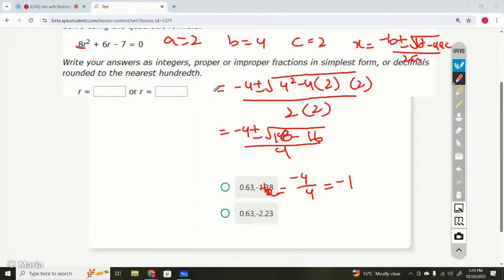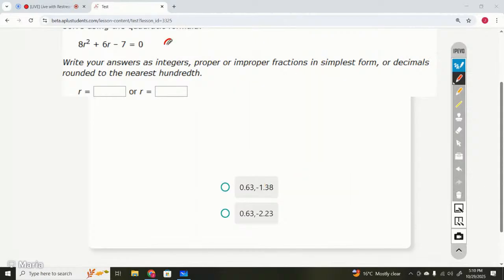Eight r square plus 6r minus 7 equals 0. A equals 8, b equals 6, c equals negative 7. Minus b plus minus square root b square minus 4ac divided by 2a.